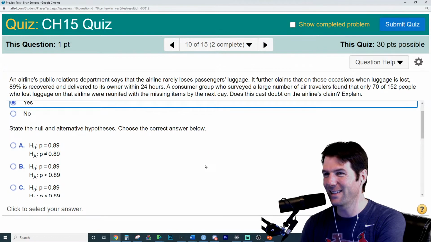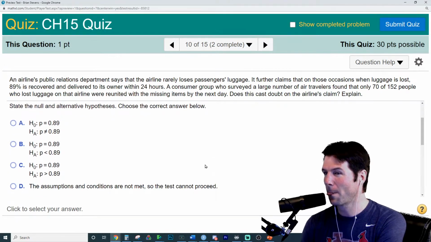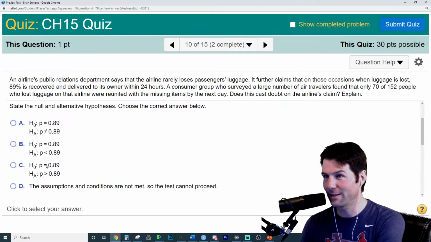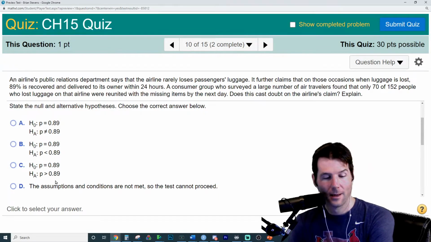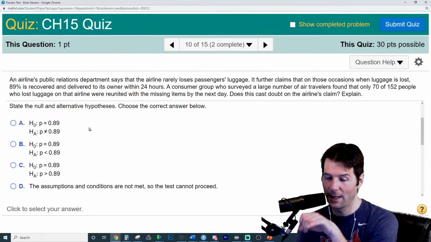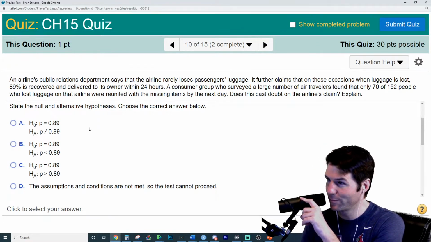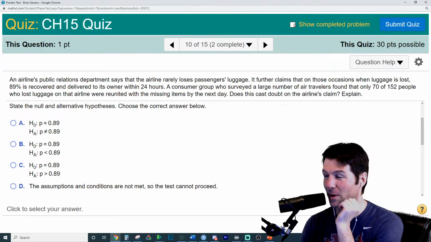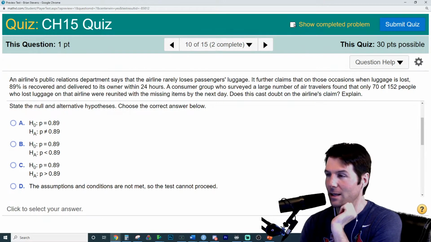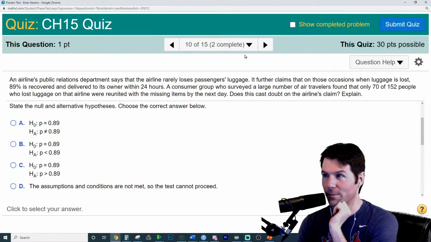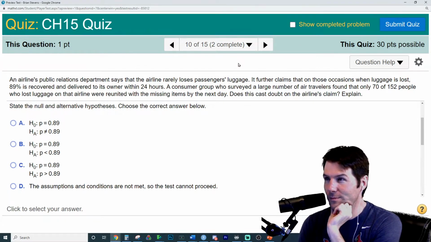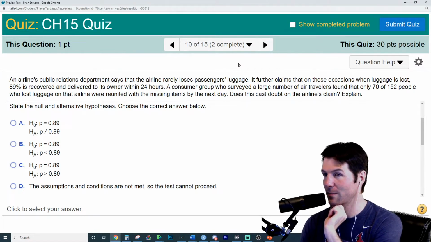And so state the null and alternative hypothesis. So the null has the equal sign. So the tough part of this question is we're trying to show that it's less than this.